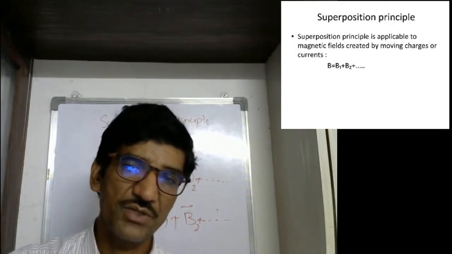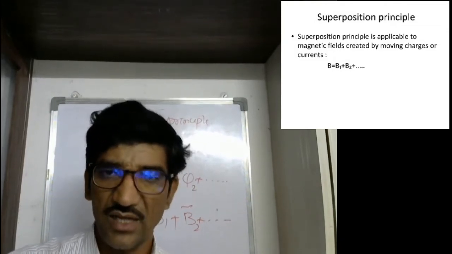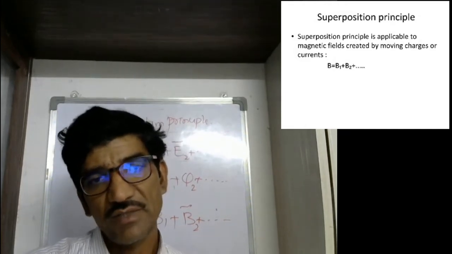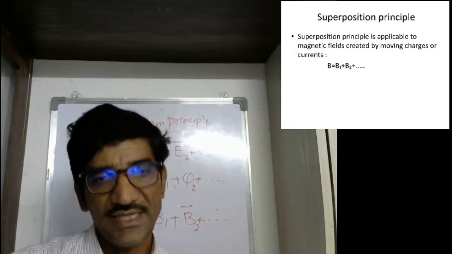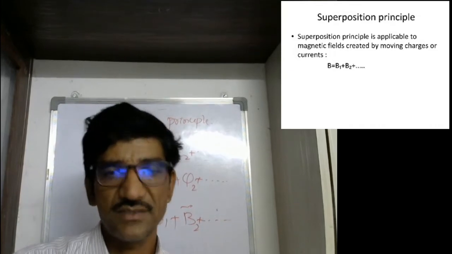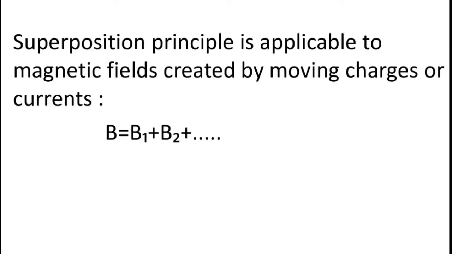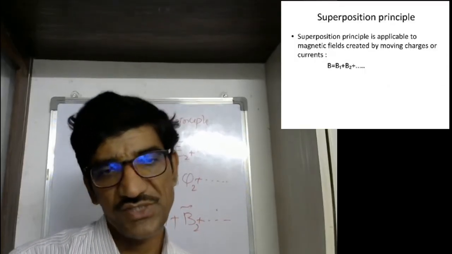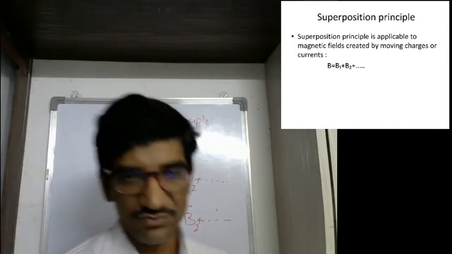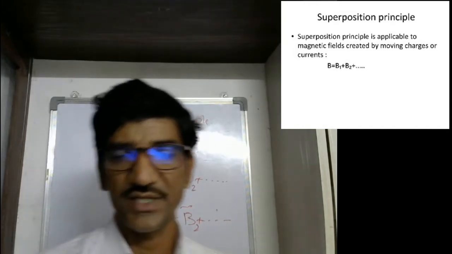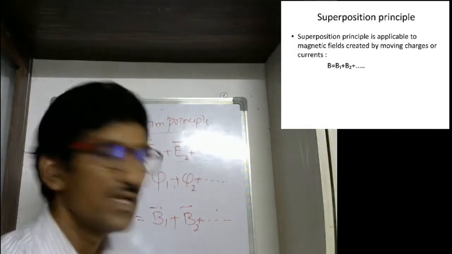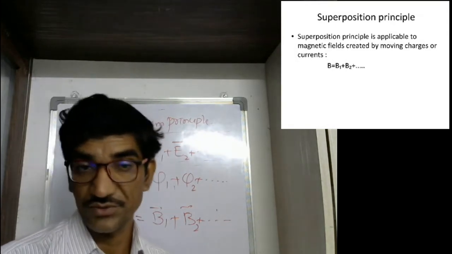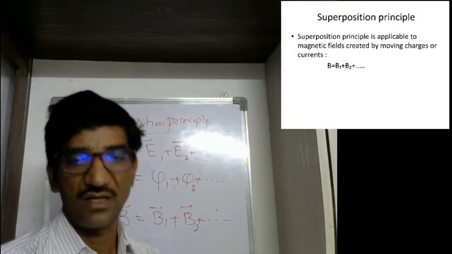Because the Biot-Savart law gives you the infinitesimal field, say dB. To get the total induced magnetic field, you have to add all those dBs, that is in the form of an integral. That's why we are studying the superposition principle before going to the Biot-Savart law.